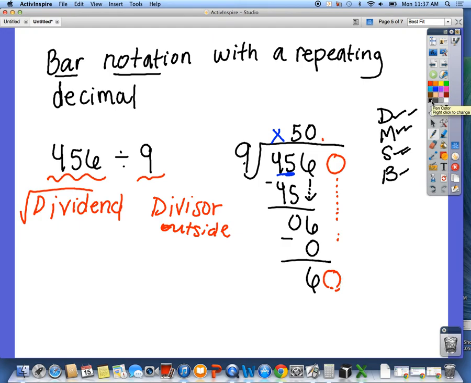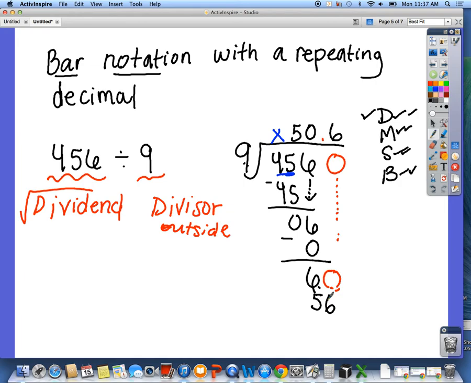Okay, now I go back. I've already done all these steps, so I'm going to go back and start the process over. 60 divided by 9 equals 6. Divide. 9 times 6 is 56.